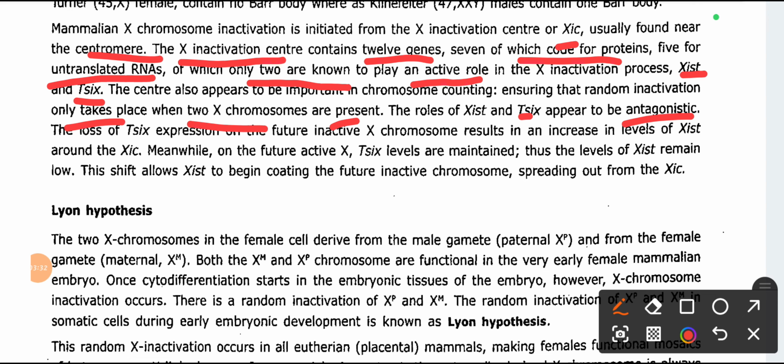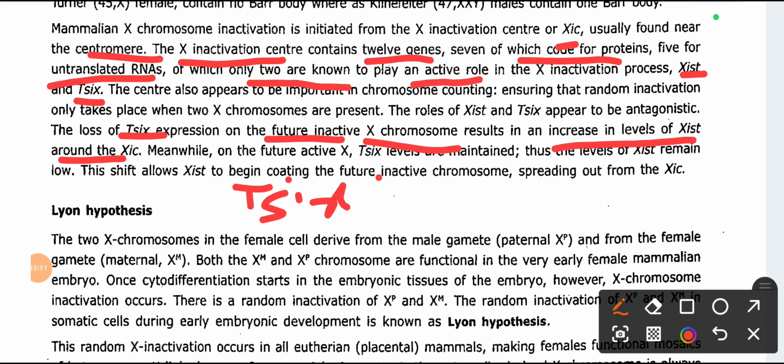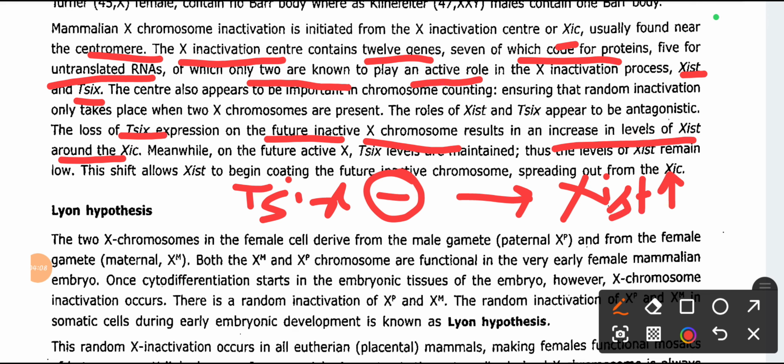When TSIX expression is lost on the future inactive X chromosome, it results in an increase in the level of XIST around XIC, the inactivation center.